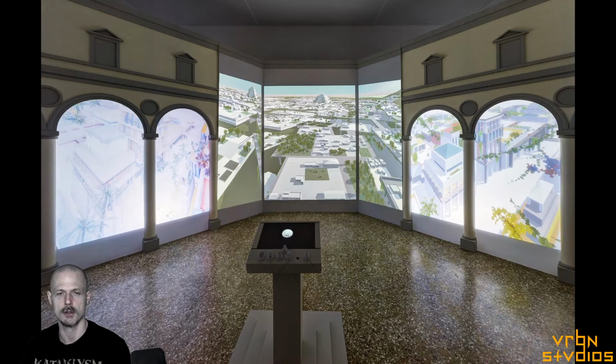The topic of this exhibition was ideal worlds, or ideal cities. We were able to provide a couple of stylized 3D cities for that exhibition. And it's pretty cool because this stuff was exhibited for about 6 months.